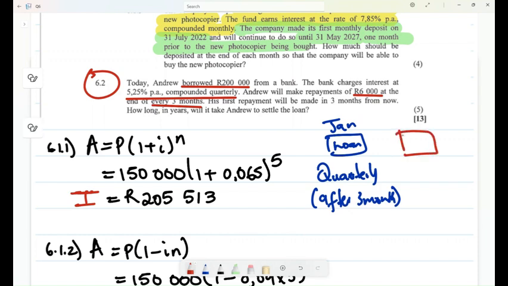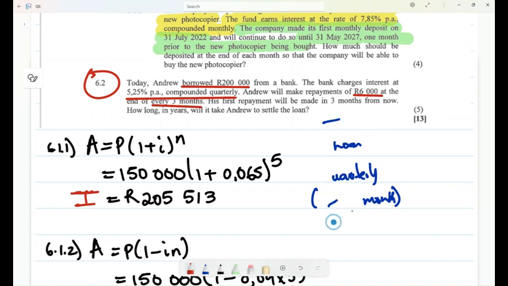January, February, March, April. In April, it is your first payment after 3 months. So if that's the case, then it is normal. So they say to us, his first payment will be made 3 months from now. Yes, this is normal. We do not add or subtract anything.